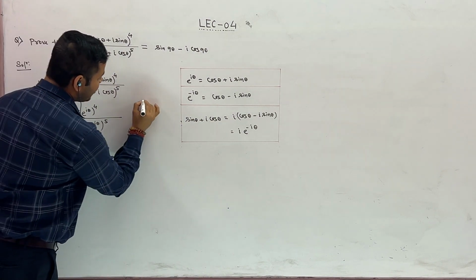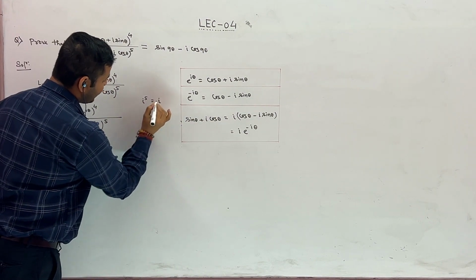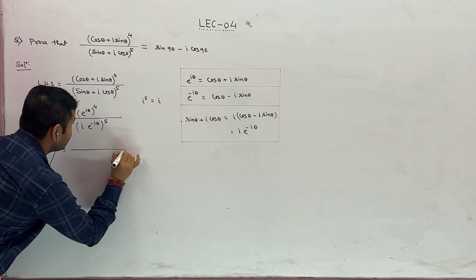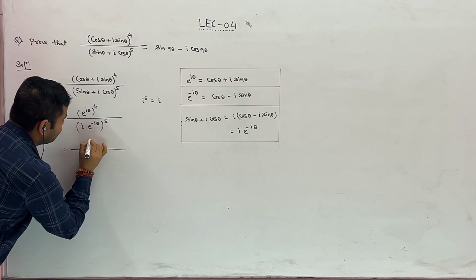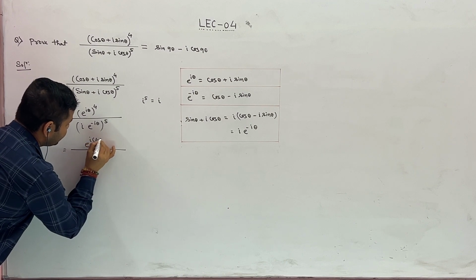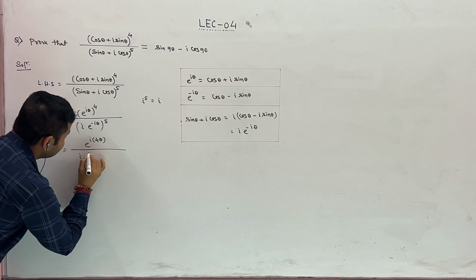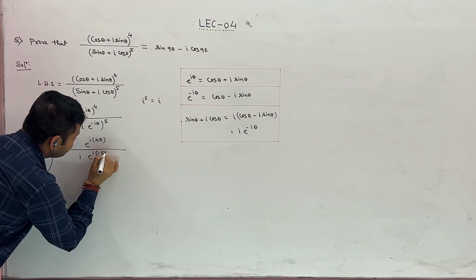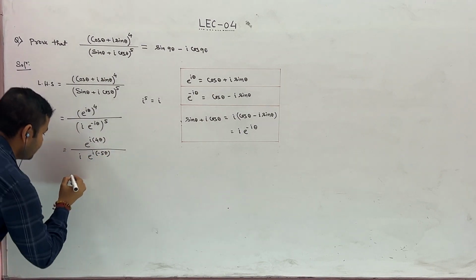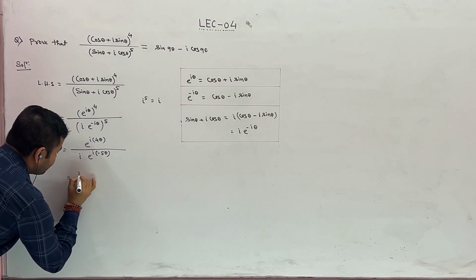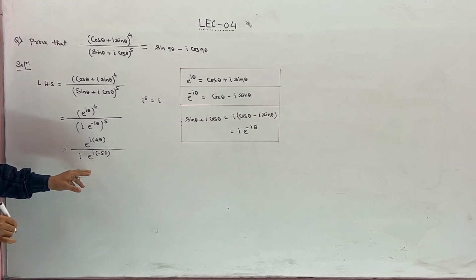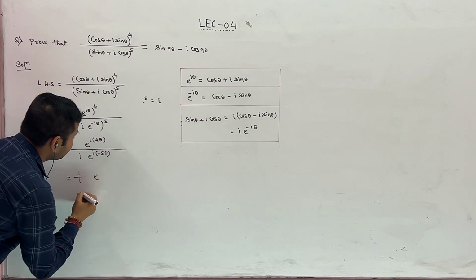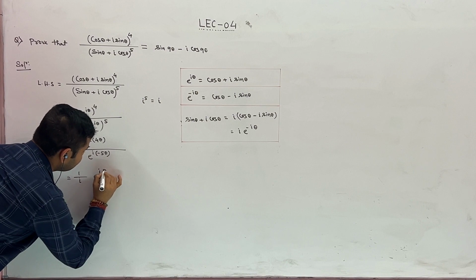Again, we know that iota to the power 5 is equal to iota. Okay? So we get e to the power iota 4 theta over iota into e to the power iota into minus 5 theta, which is 1 by iota times these two parts, which can be written as e to the power iota 9 theta.